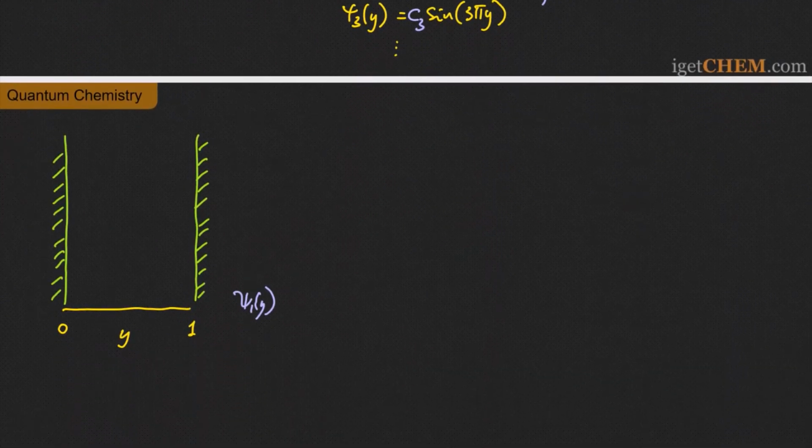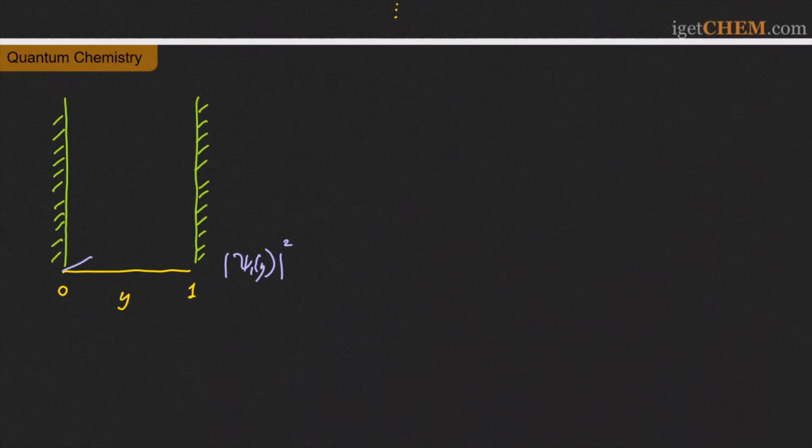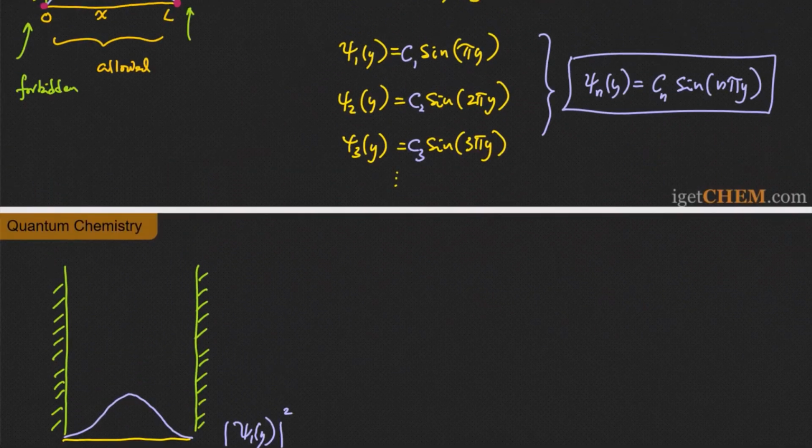So let's draw the square of psi. So if you take that cosine, the square of that would look something like that. I didn't do a good job, but it would look something like that.